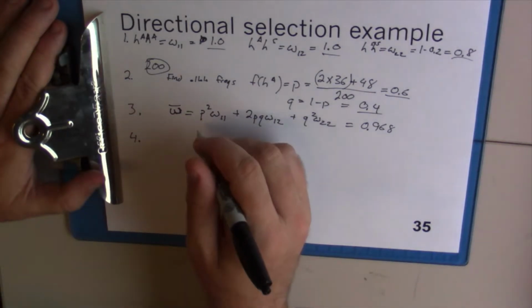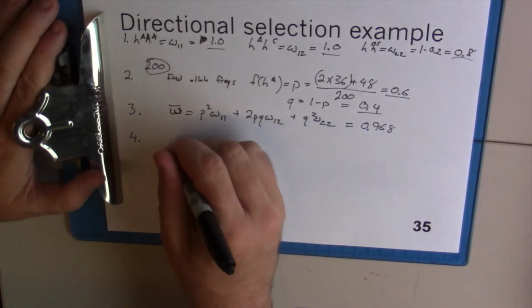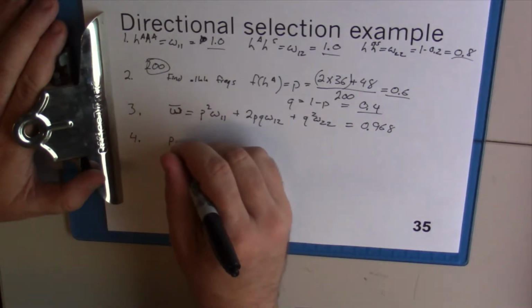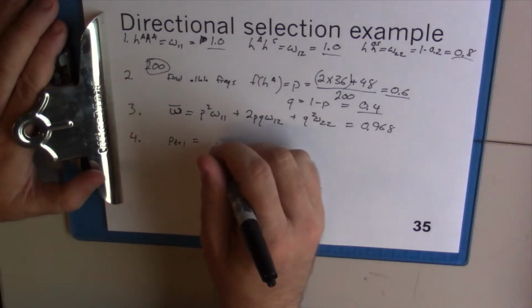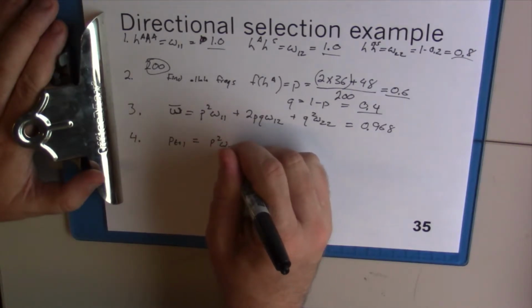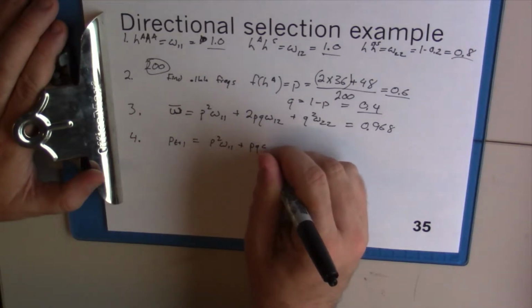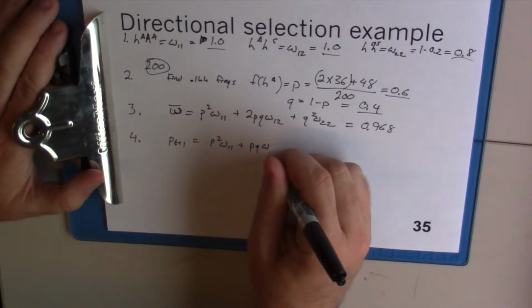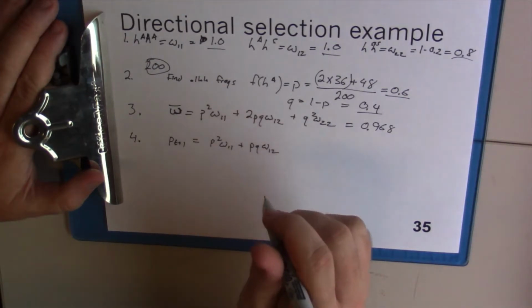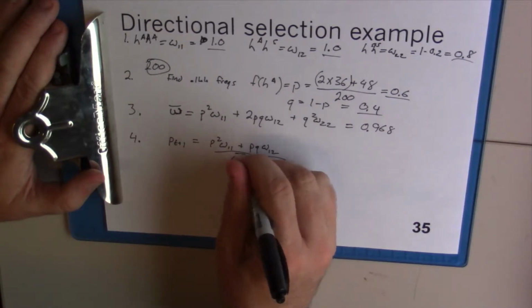Next step is to find allele frequencies in the next generation. So the frequency at t plus 1 is equal to p squared omega 1 1 plus pq omega 1 2 over mean fitness.